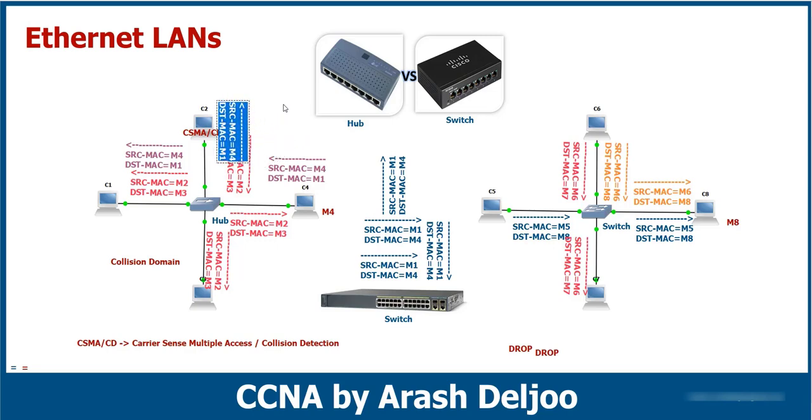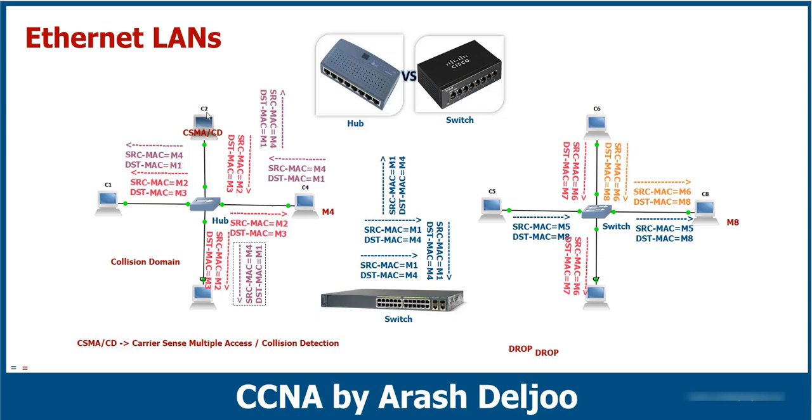When you are waiting to find a good time for sending your data, maybe another system is also waiting for an empty line. Because of that, it is possible in one collision domain that although you are using the carrier sense multiple access rules, maybe at the same time that you start to send, another system also starts to send traffic, and after that you will experience the collision.